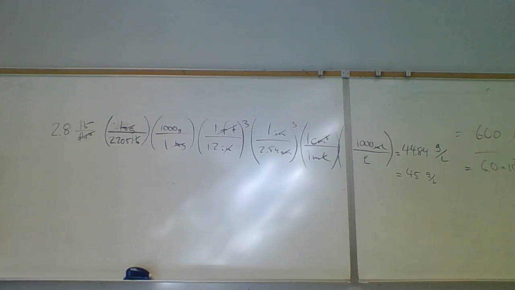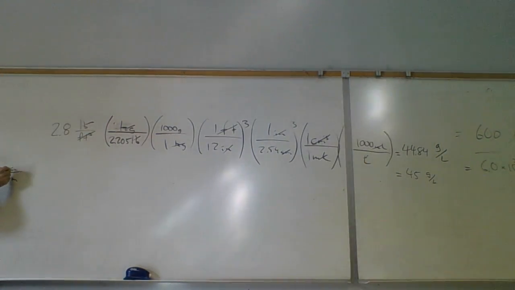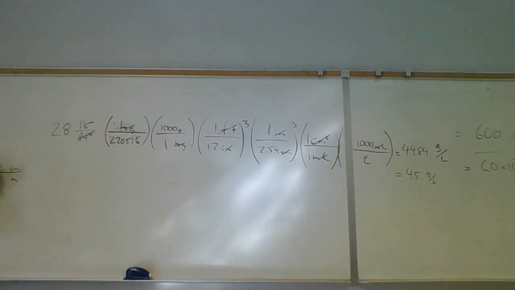And so we'd go from cubic meters to what? To centimeters. Going from cubic meters to centimeters would be meters to centimeters. How many centimeters in a meter? 100. And then we have to cube this. And so that's that.